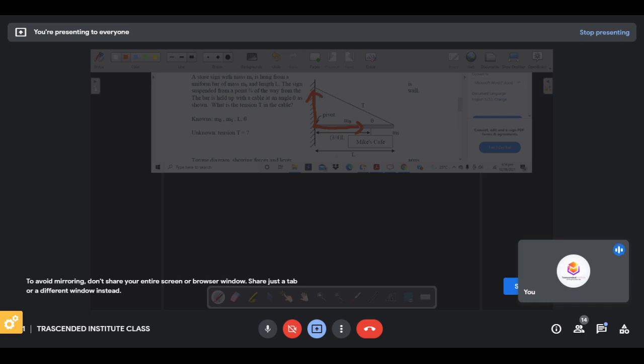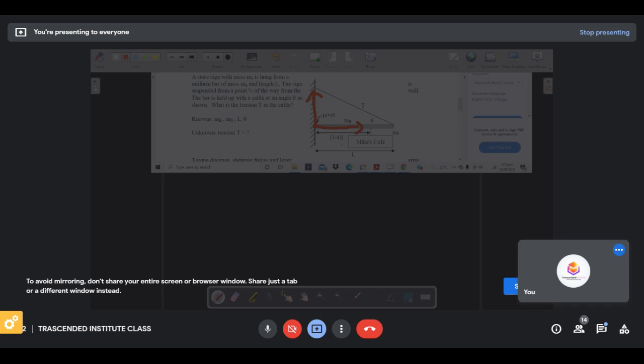What I just want to highlight is that those two forces don't have a torque, because they're coming directly from the pivot. There is no radius here. The radius is 0 because they're acting from the pivot itself.